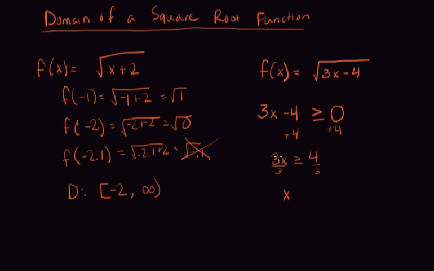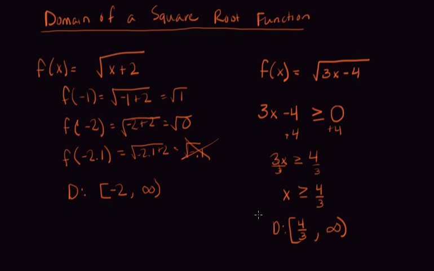So x is, and I don't have to worry about flipping this because I'm dividing by a positive number, x is greater than or equal to 4/3. The domain would be from 4/3, including 4/3, right? Because 4/3 works. If we put in 4/3, we're going to get 0. But 4/3 all the way up through infinity.